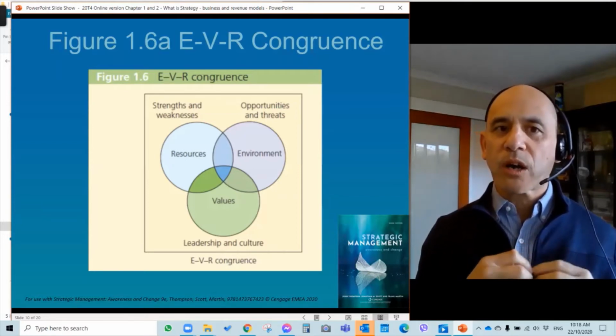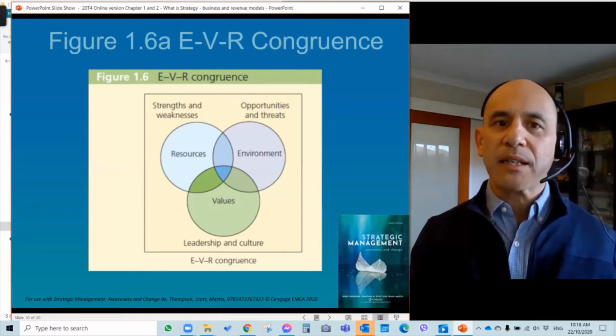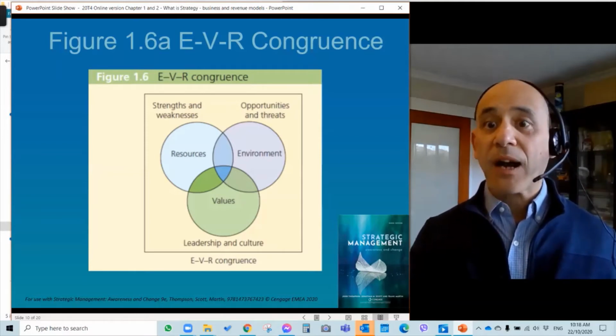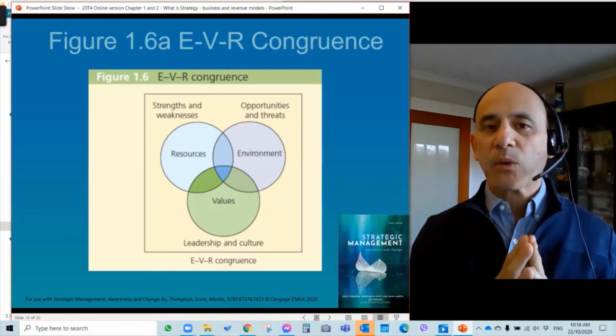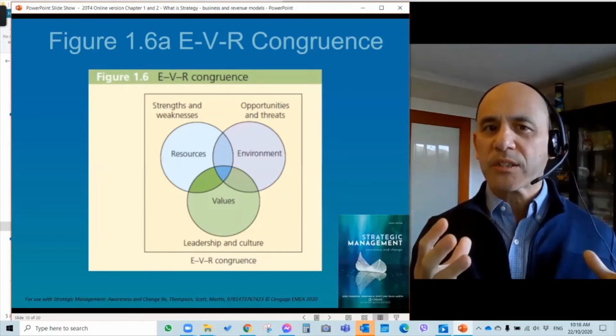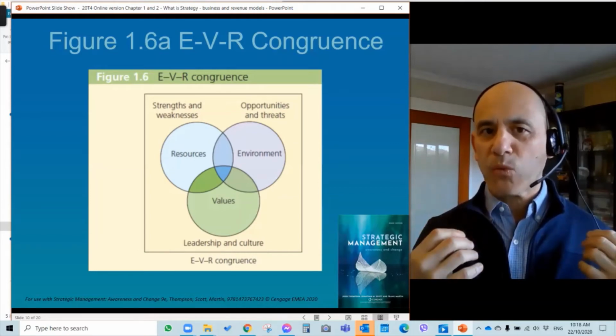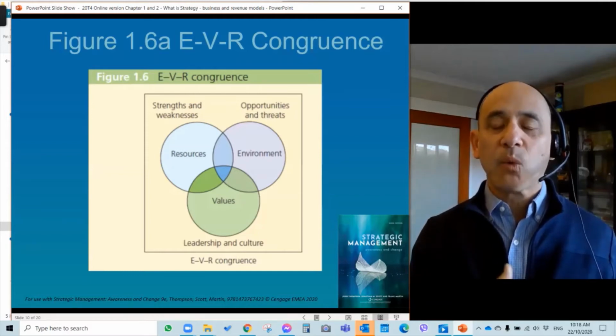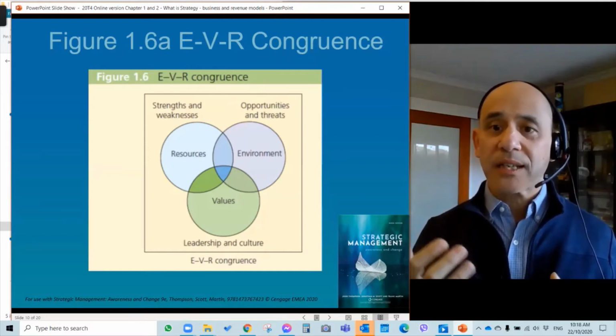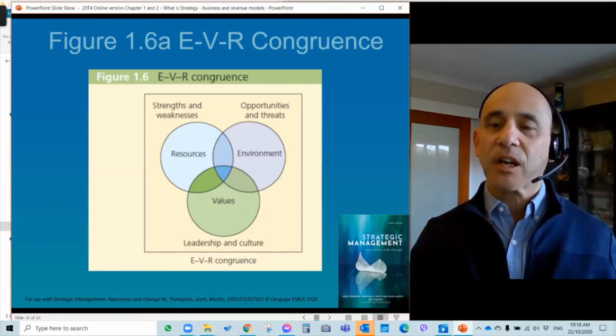And then if we turn our attention to the outside, we're looking at the environment, which is the external side, and we're looking at what opportunities can we look at or actually exploit, and what are the threats. So threats are, again, things that are negative that are coming from the outside.